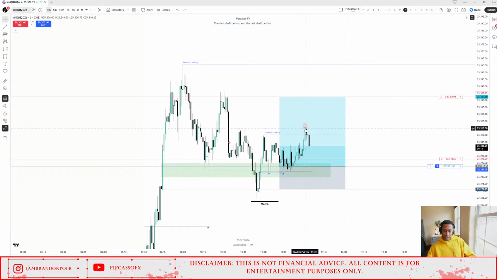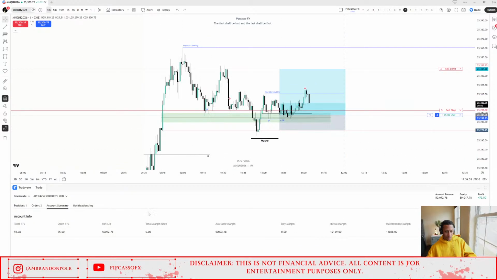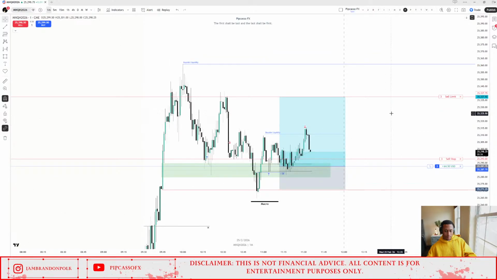I'm very happy I took some. It was more than $25, but yeah, to me that's ridiculous. I put my stop loss below these two down close candles.